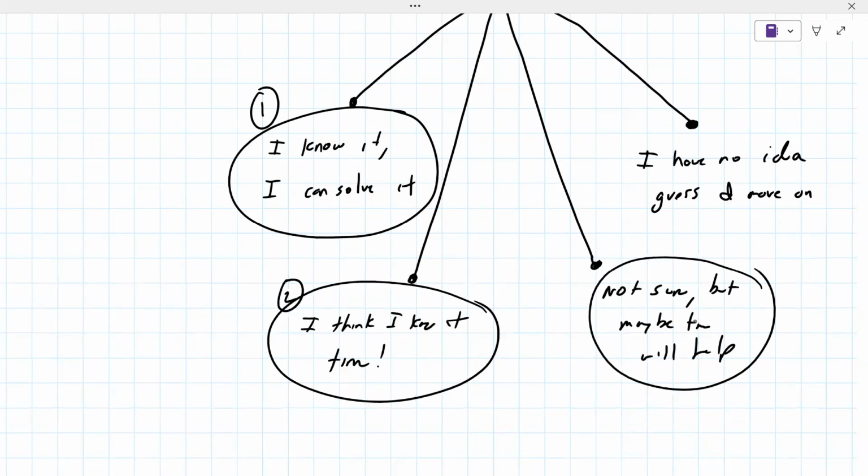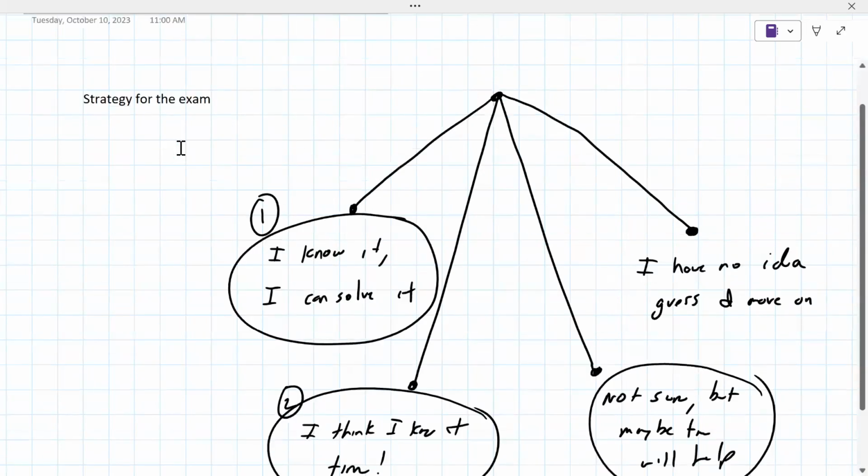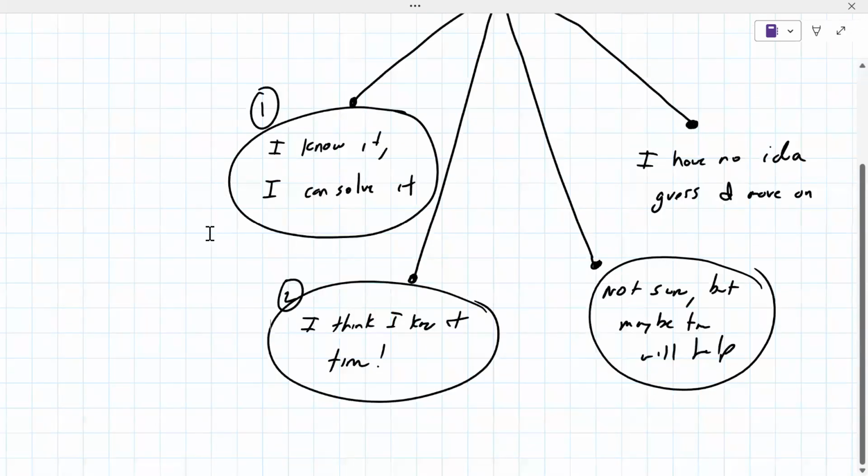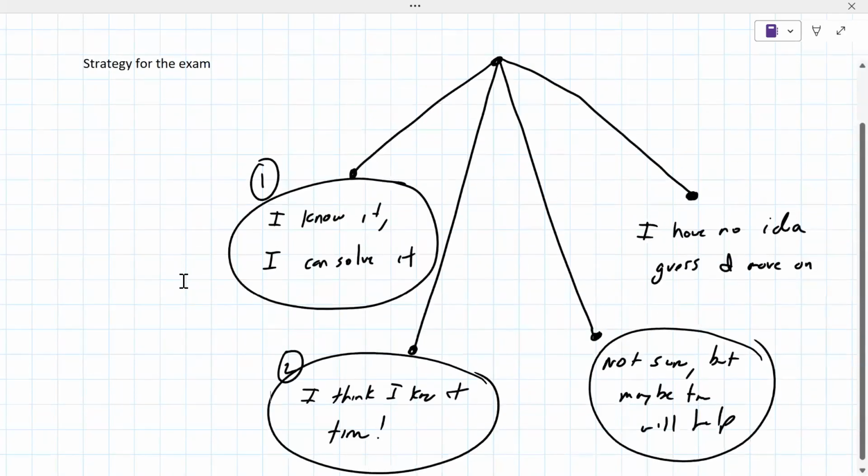But if I could do it over again, a strategy for the exam might be: I'm going to do them all in order, or I'm going to go through all the questions first, or I'm going to close my eyes in between questions to reset. Whatever it is, you need some sort of a strategy for your exam.